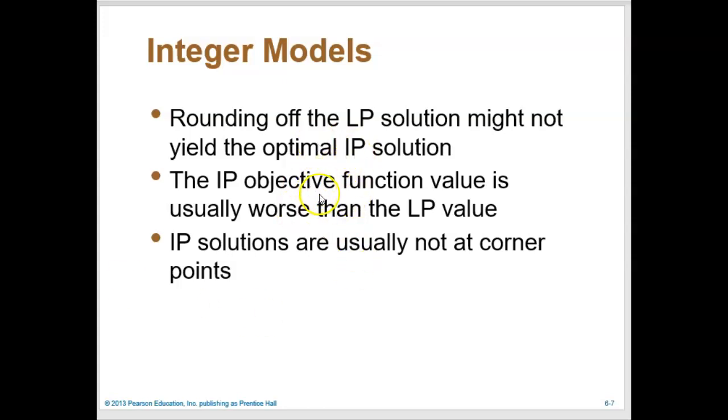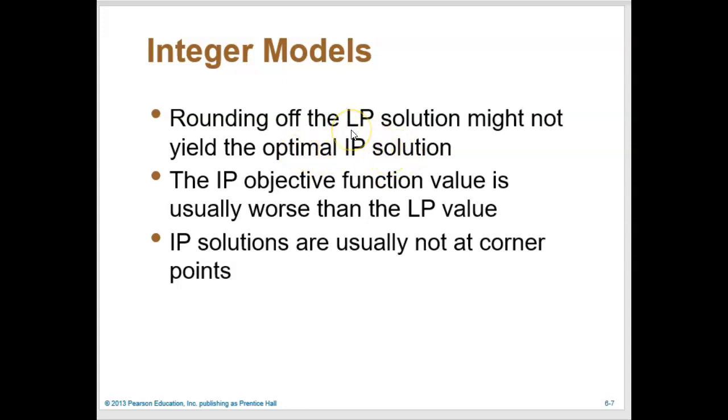So why would it make sense to formulate your problem as an IP instead of an LP? Because IP models give you the exact solution that you require, and they also make sure that you have enough resources to get to that optimal solution because of the way the constraints are designed.